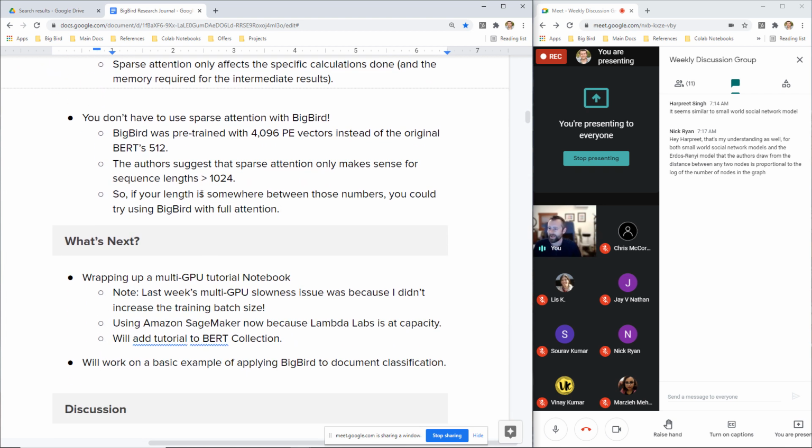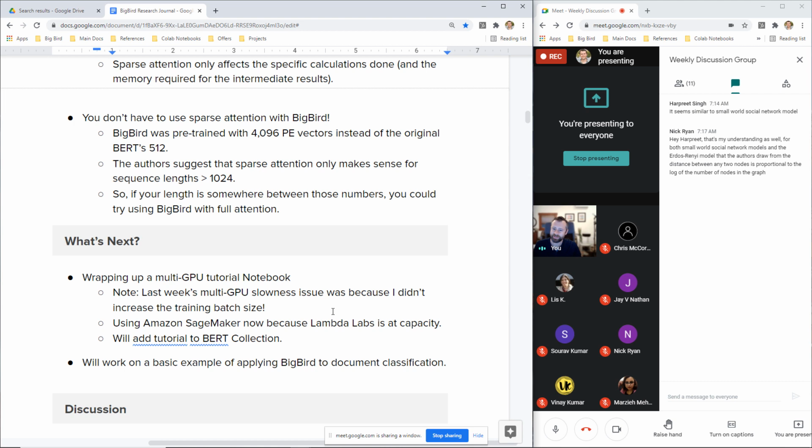So what I'm working on now is a Colab notebook to illustrate how to apply transformers to a multi-GPU system. That's what we looked at last week. I figured out, after I showed you guys that I had run it on 8 V100s, that it was actually slower than when I ran on a single GPU.